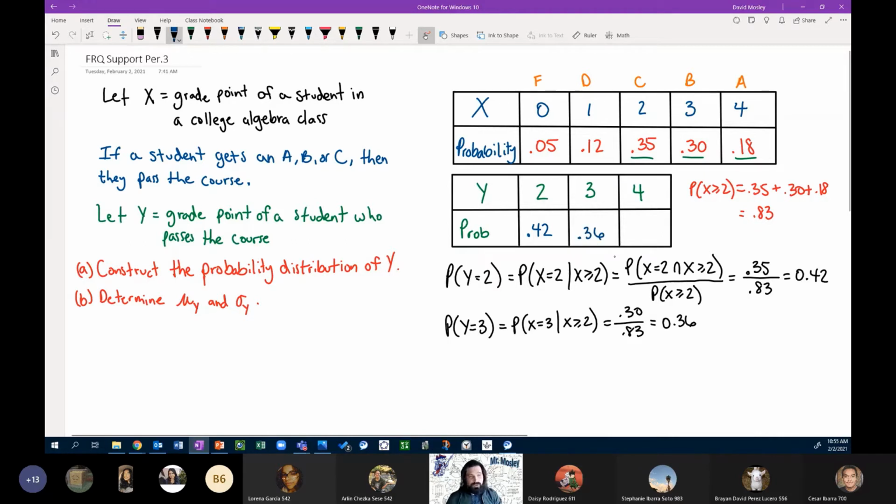Which at this point we could just say 1 minus 0.42 minus 0.36 and fill in the probability distribution for y equaling 4. We can also show the work, which is typically what's going to be asked. And this will be 0.18 divided by 0.83, and that will be approximately 0.22.